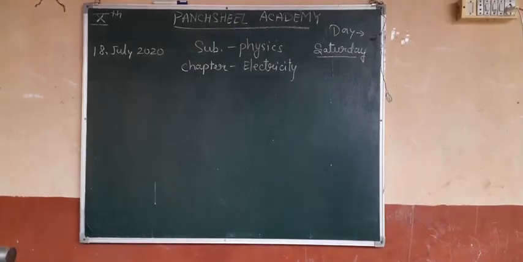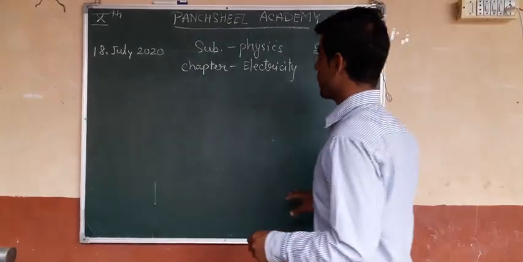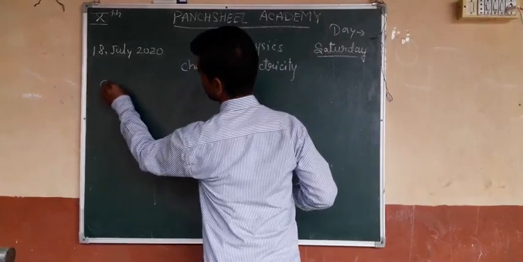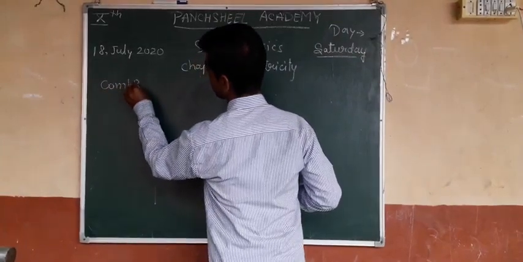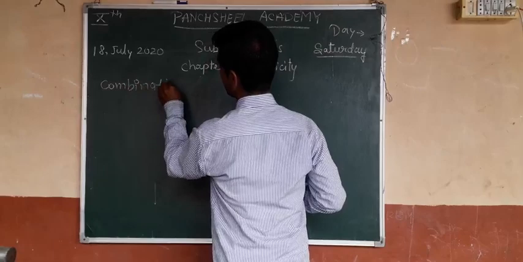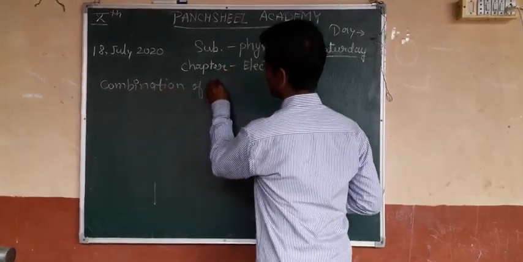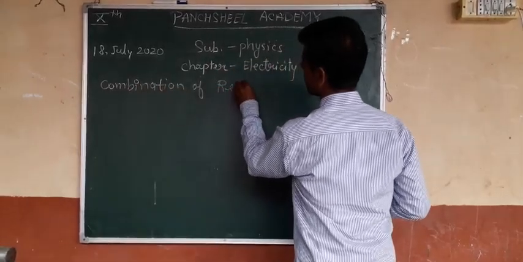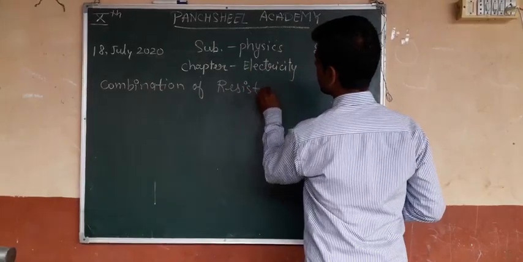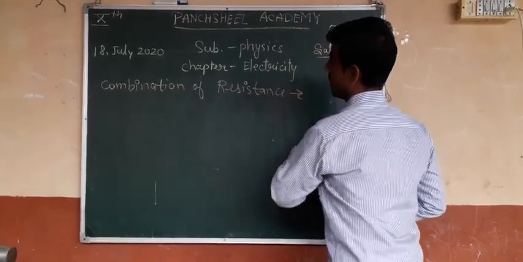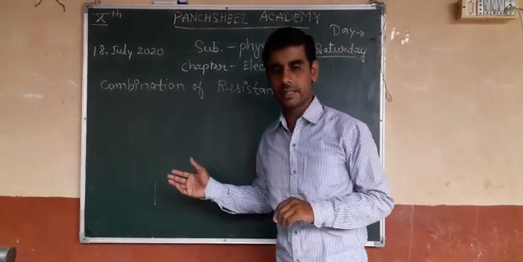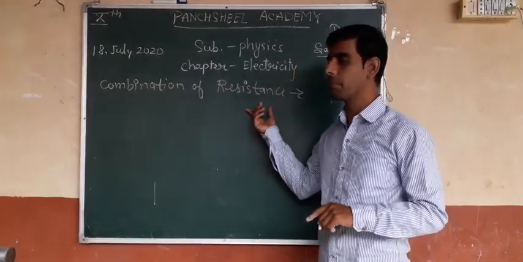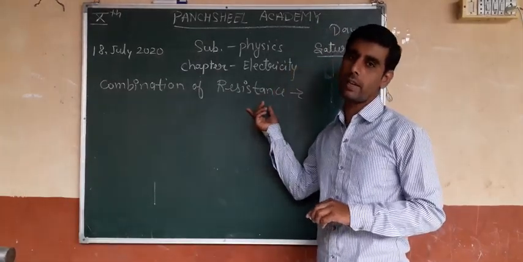The combination of resistance is our next topic. What is resistance? Resistance is the property by virtue of which it opposes the flow of electric current.